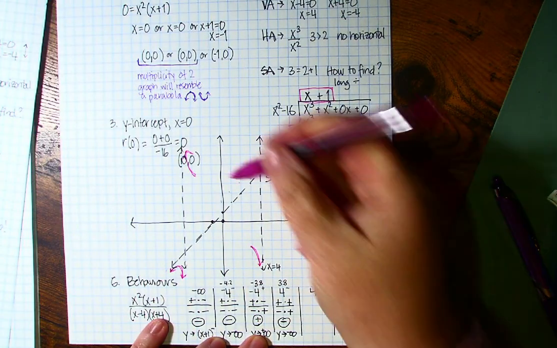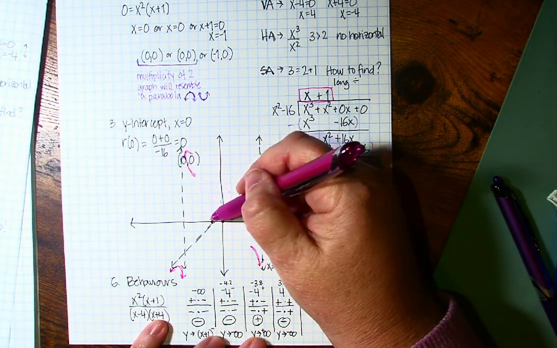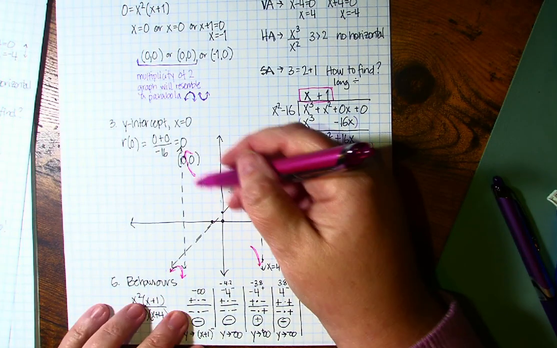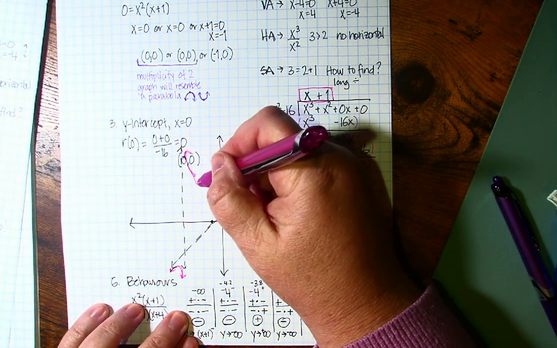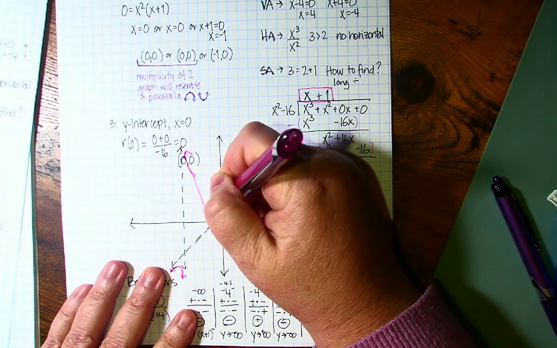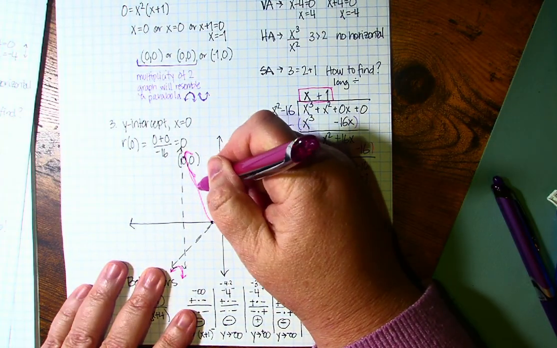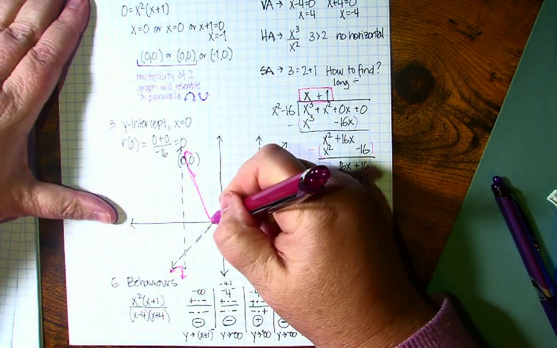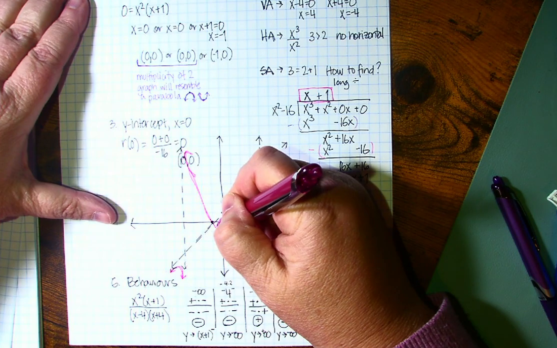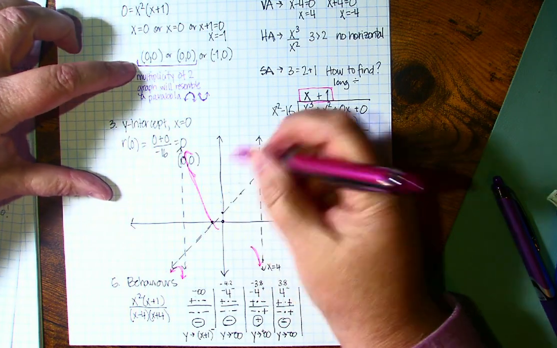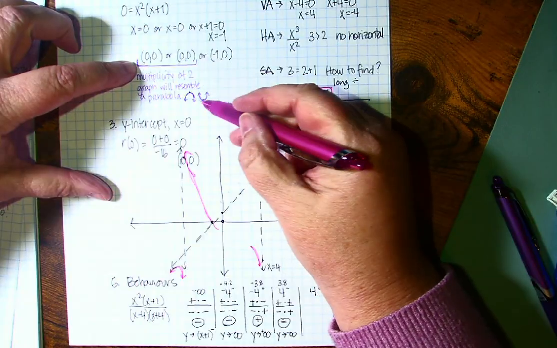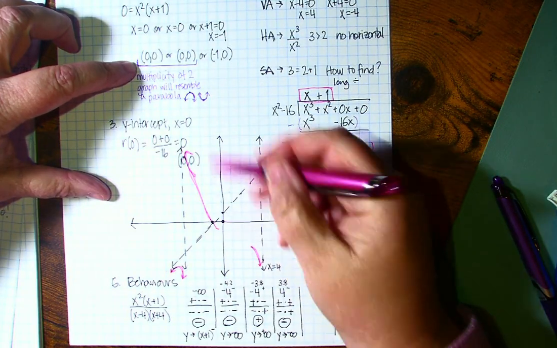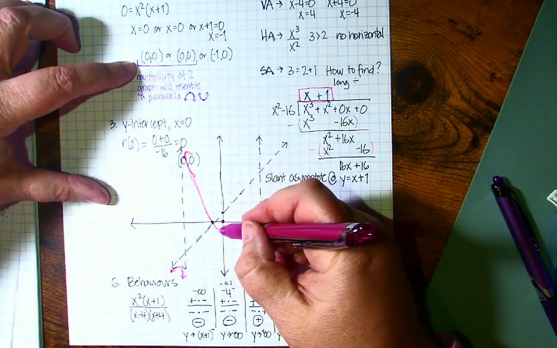There we go. That tells me that in this center section, I'm going to come from up above, and it's got to cross at that intercept. That intercept only has a multiplicity of 1, so it's got to cross here. But then what's going to happen at the other intercept, because it has a multiplicity of 2, we can see it's either got to turn up or it's got to turn down.